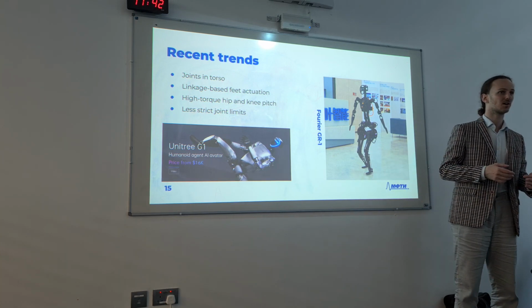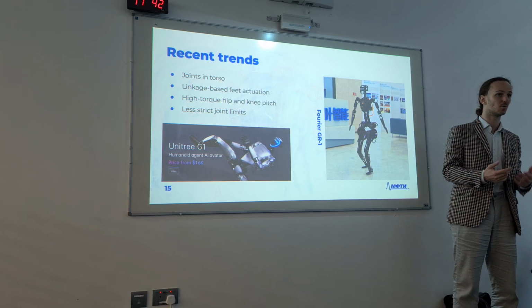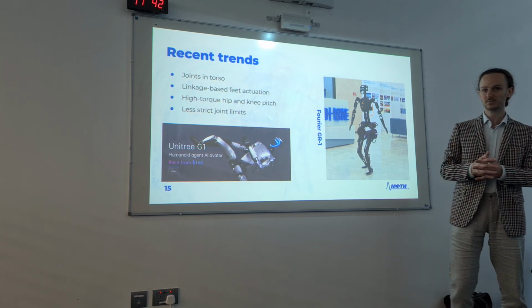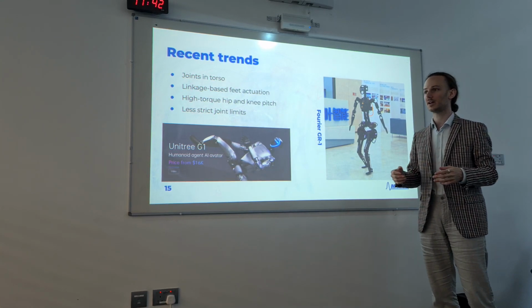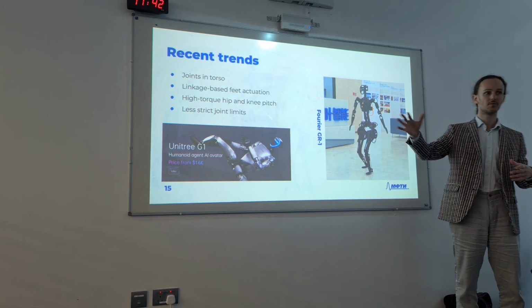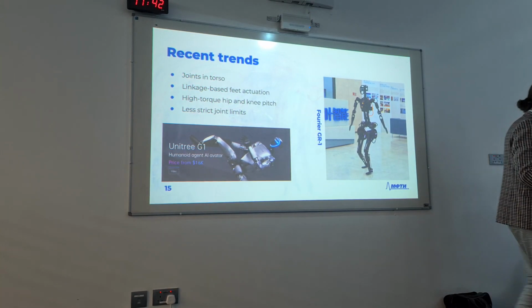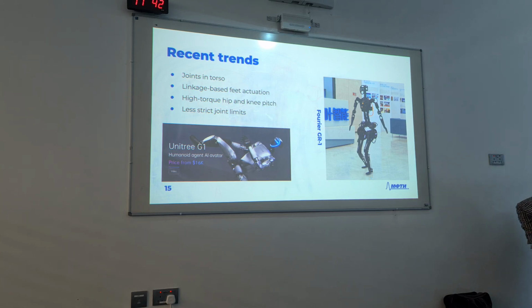So the legs are becoming more specific and adapted to the specific motions they perform, and they're becoming lighter, or it's better to say they have less moment of inertia. So we can compare these robots to the robots that we are going to work with. Our robots are good, but they are just not this kind of state of the art.